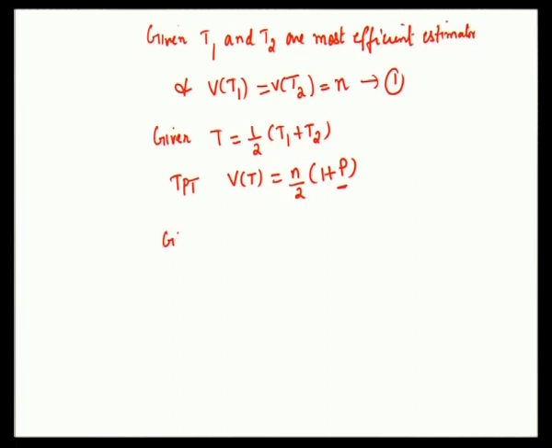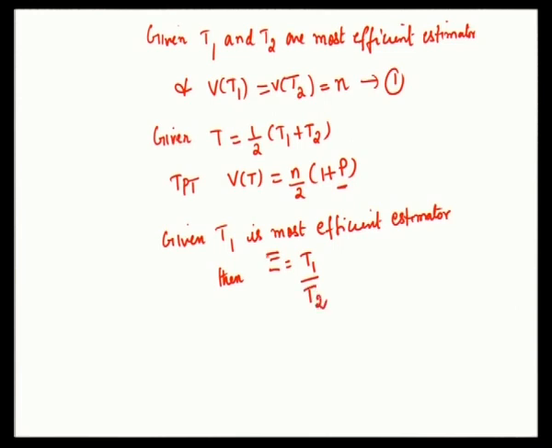Given T1 is the most efficient estimator, then E is nothing but V1 by V2. You know that E always lies between 0 and 1.